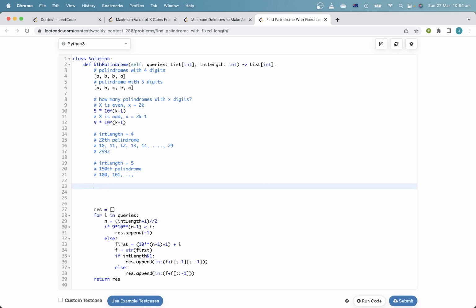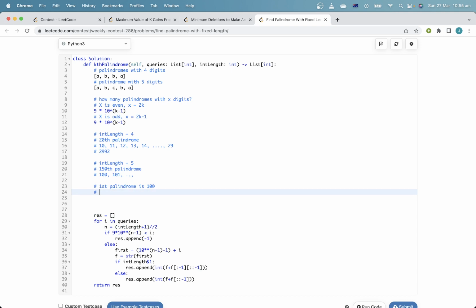So the way I figured out this formula was kind of by trial and error, I guess. Not really. I knew, for example, that the first palindrome of length 5 is 100, the second palindrome is 101, and I noticed that the difference between which palindrome it is and the actual number of the palindrome is always 99.